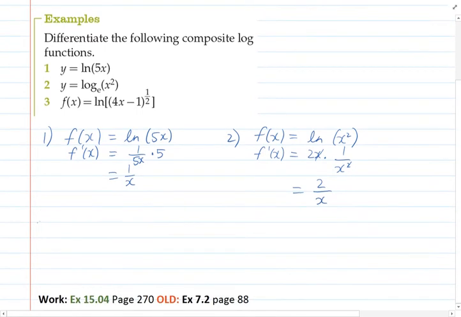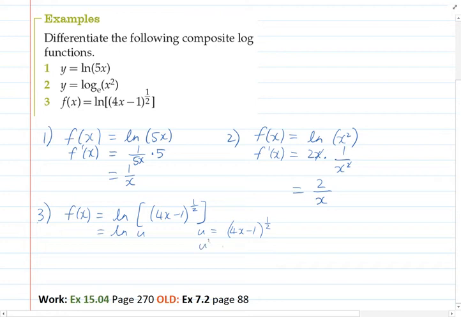Okay, and for our last example here, f of x is given as the natural log of 4x minus 1 to the power of a half. Okay, so we need to be able to evaluate that derivative inside, so I might even just write this as natural log of u, where u equals 4x minus 1 to the half, simply because it's just getting a bit complicated, and this way I can keep track of everything.